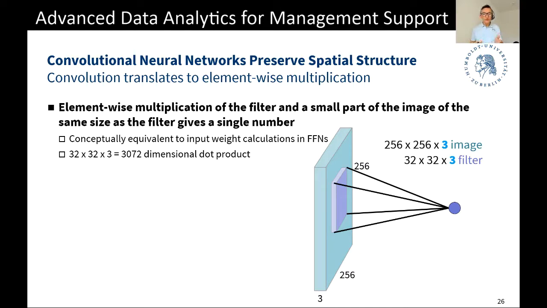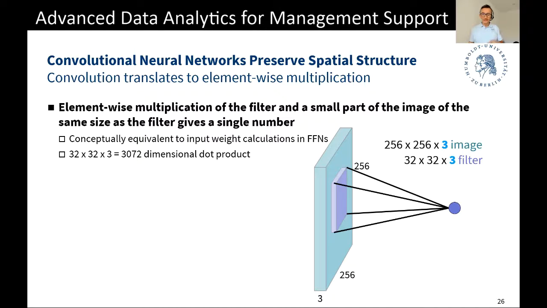You have these close to 200,000 weights that go into each of the hidden units in your hidden layer in the feed-forward architecture, because you have close to 200,000 input units. So that's roughly a 200,000 dimensional dot product for the feed-forward neural network.